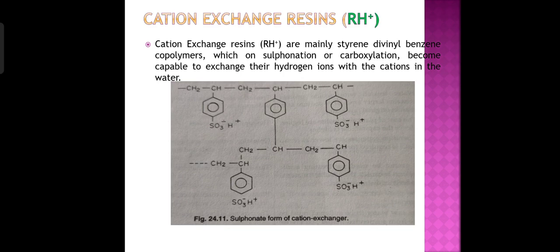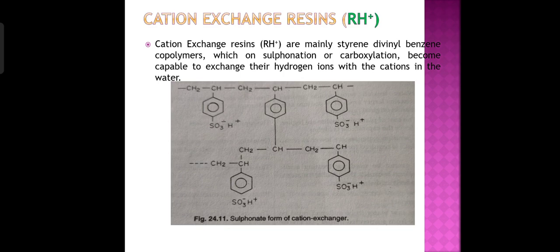One is cation exchange resins, which are generally denoted as RH plus. Now these cation exchange resins have the capacity of exchanging H plus ions, and their functional groups are the acidic group and sulfate group, COOH and SO3 minus H plus. See this diagram.